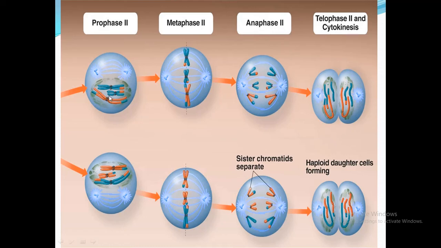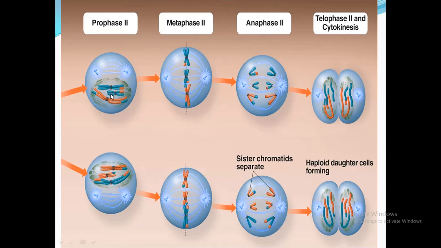You know that at the end of anaphase 1, this was one pole and this is another pole, and each pole has separated homologous chromosomes. This pole has one set of chromosomes, and this one has another set.